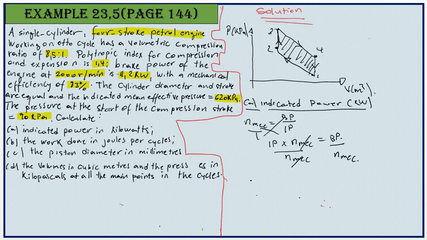When I simplify, I get IP equals BP divided by the mechanical efficiency. I have the brake power already, which is 11.2 kilowatts. So I have 11.2 divided by the mechanical efficiency, which is 0.83.